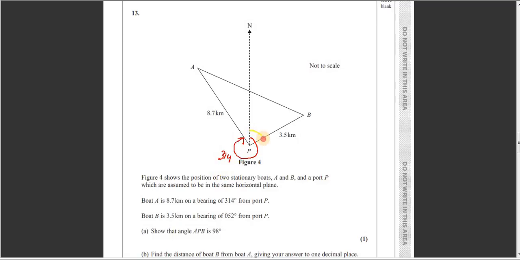This angle is 52, or 052, because this is a bearing, with respect to P, and we need to figure out the angle APB. This is our required angle and I'm calling this angle X.